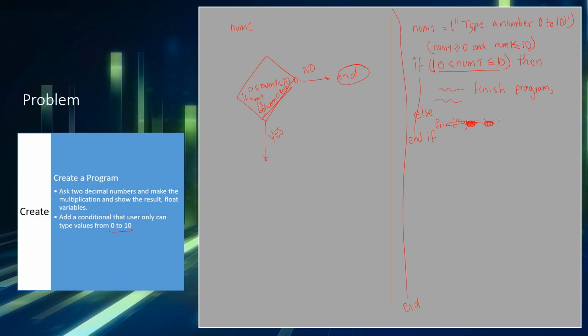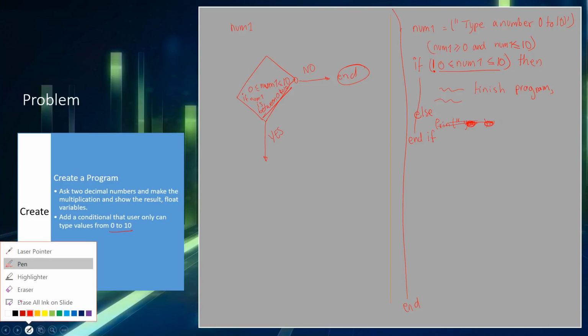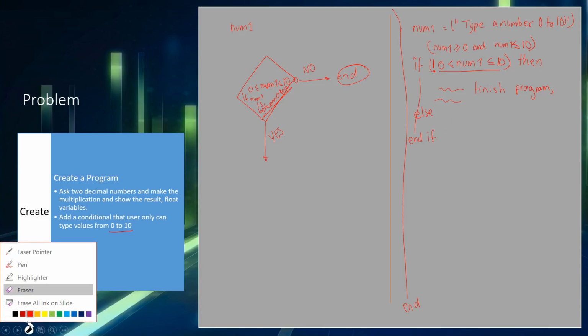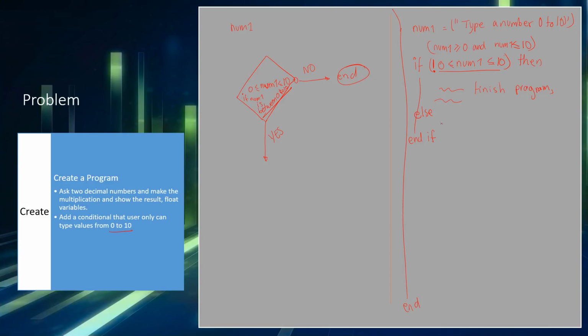So we can put print, yeah, let's print something just to make it more interactive. Okay, so print something simple. And here let's add another print and we put wrong value.